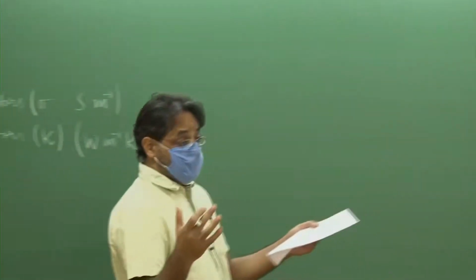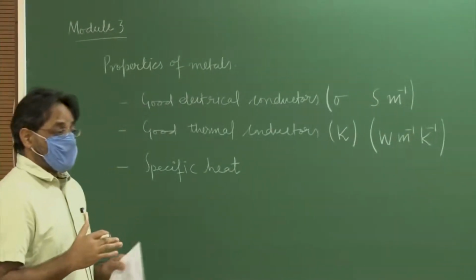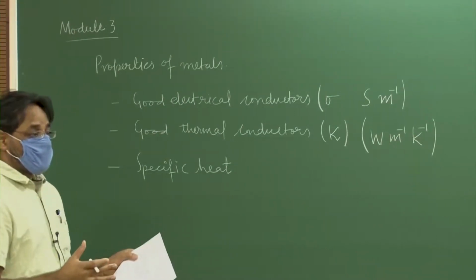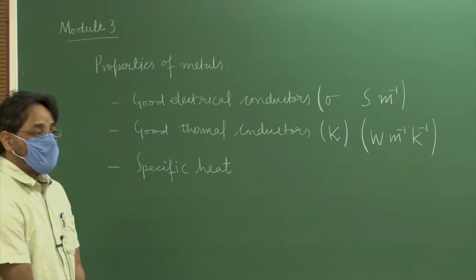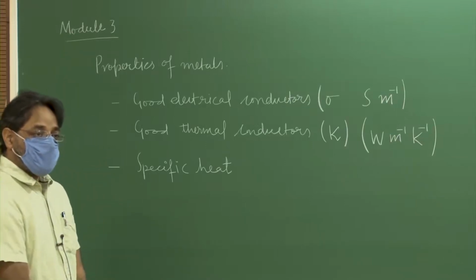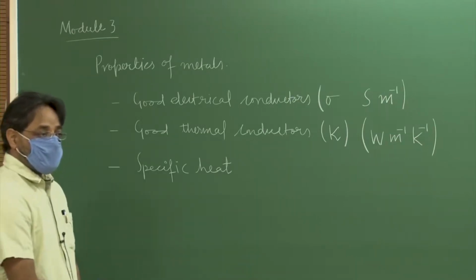So, as I told you while teaching specific heat of insulators, when we go to metals, we will have to take this additional contribution into account. So the total specific heat would be the specific heat due to the lattice and the specific heat due to the electrons, and it is the electronic specific heat that we are worried about in this part.